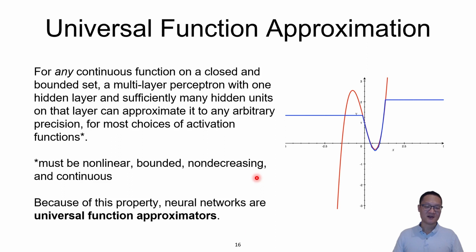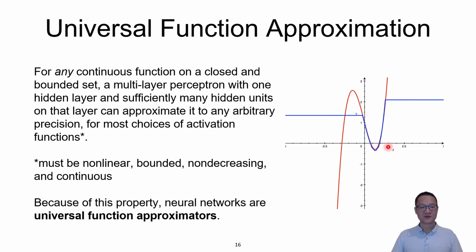This is the universal function approximation of the multi-layer perceptron. If you have a continuous function on a closed and bounded set, for example, we consider the domain being somewhere from here to around here.